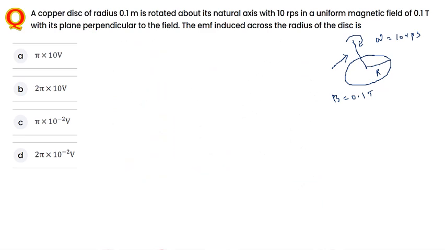See, the induced EMF, I mention this as E equal to 1 by 2 B R square omega. Now, the omega value here is 10 rotations per second. One full rotation is 2 pi, and there are 10 rotations per second, so what we have here is 20 pi, that is omega.